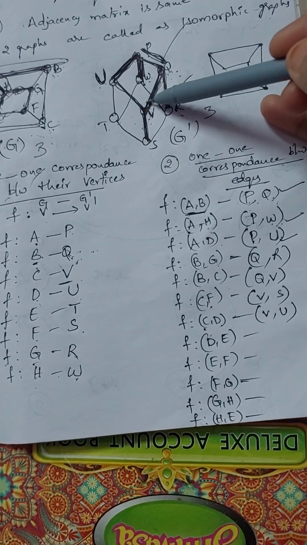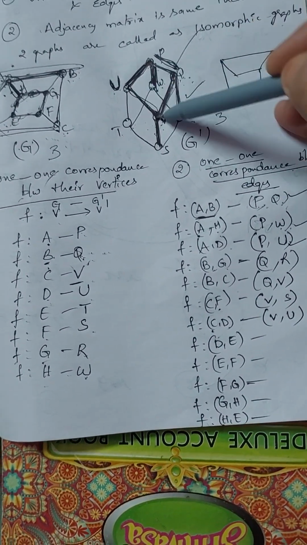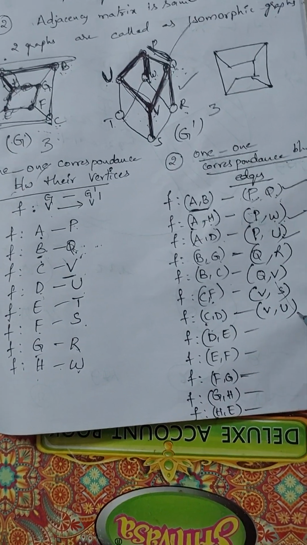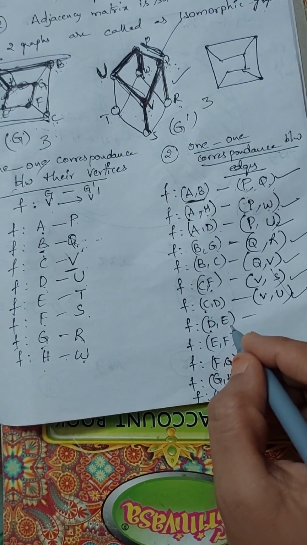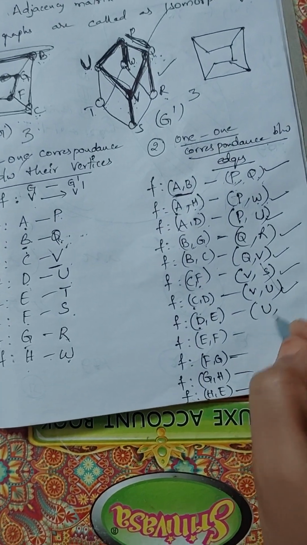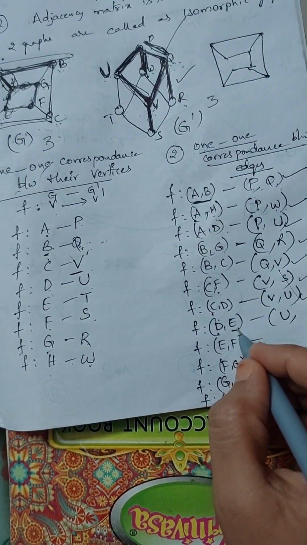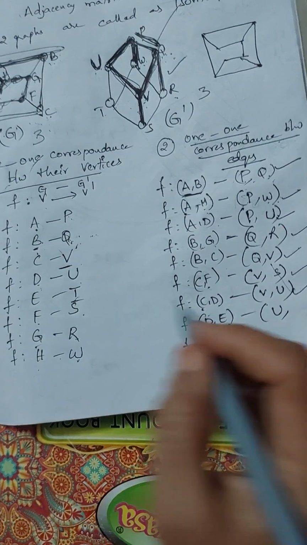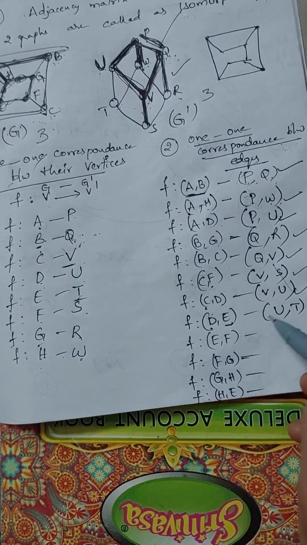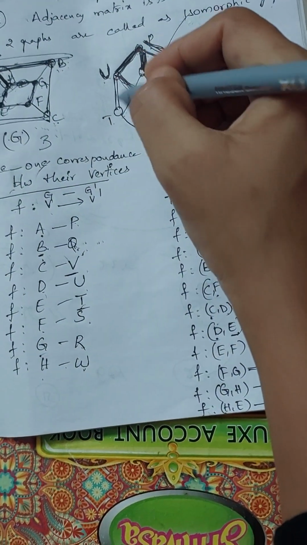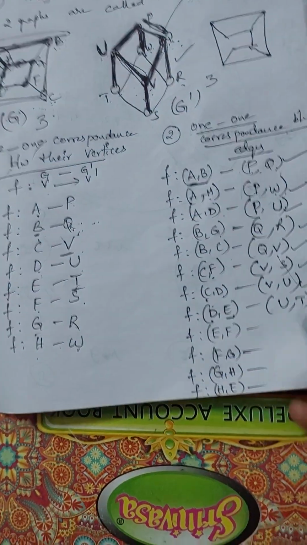So compulsorily V to U is also present. So this edge is also right. And similarly D to E. D is mapping with U, E is mapping with T. So compulsorily there is a line from U to T. U to T is present.